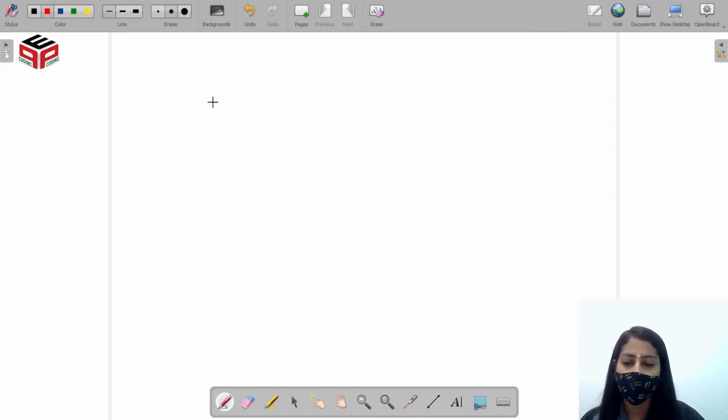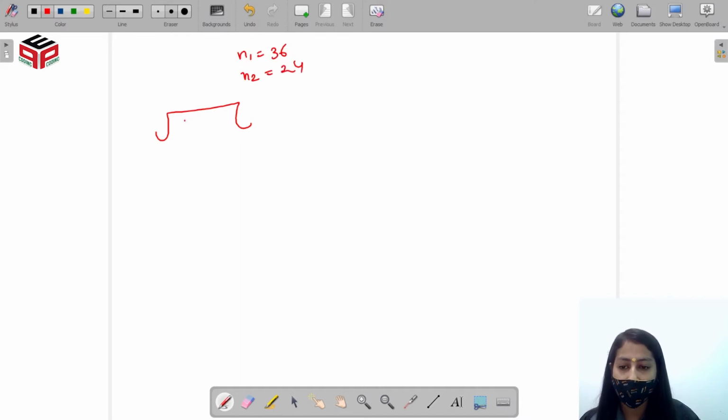We used this method in our smaller classes, that is known as the division method, right? In this method, we divide the first number, n1 which is 36, by n2 which is 24, and we find the remainder. The remainder is 12.